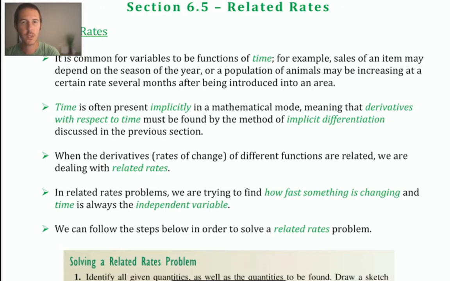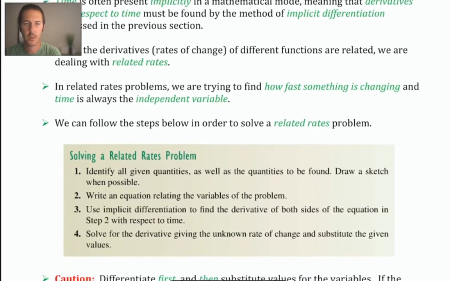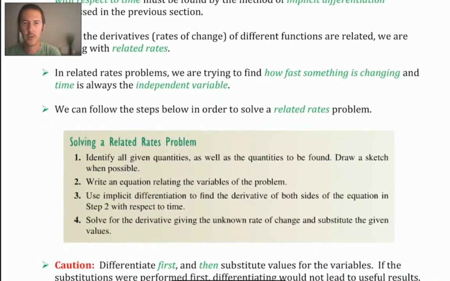All of those things change over the course of time. So time is somehow inherently always one of the things that's changing in whatever scenario we're describing. Implicit differentiation becomes very valuable when we're trying to make sense out of those models.